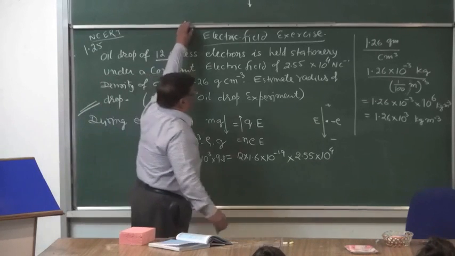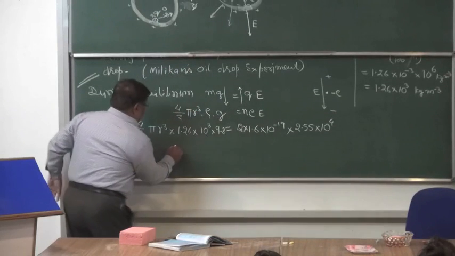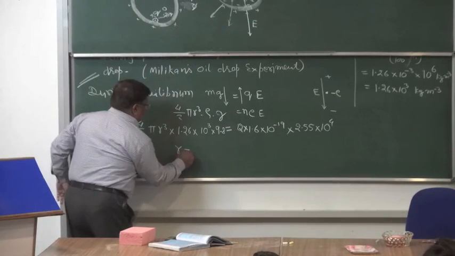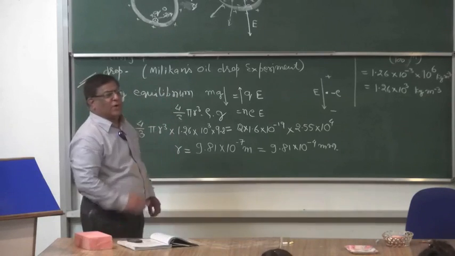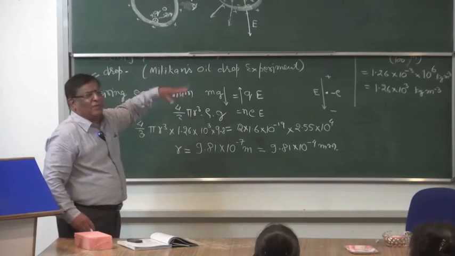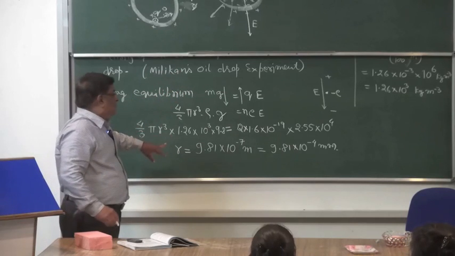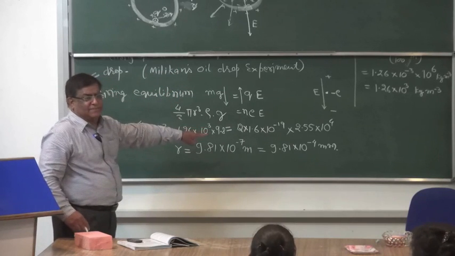So calculate this and tell me how much r comes out to be. It's simple mathematics, all multiplication and division. After you do all this, you will get this answer.